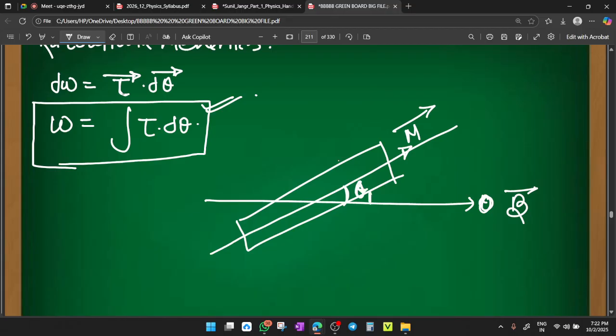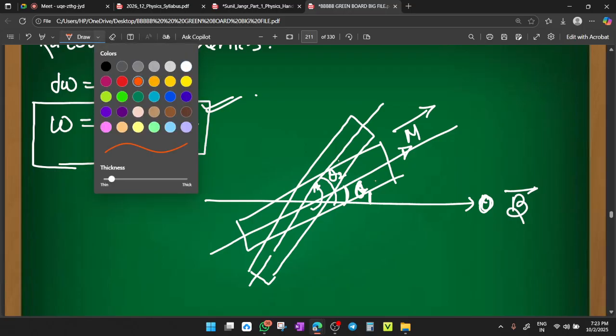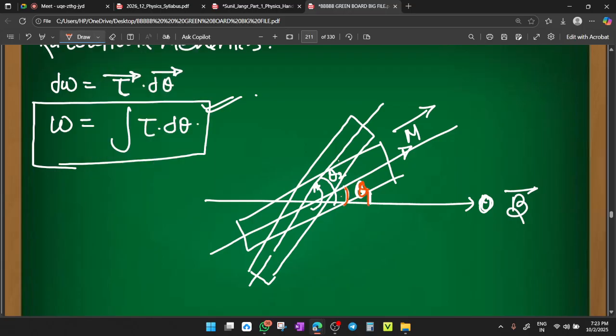And you rotate this dipole and bring it to a new position like this, anti-clockwise. Work in the anti-clockwise direction is taken as positive, and you bring it up to here at angle theta 2. Understood? Initially it makes an angle theta 1, then you have rotated it, and the final angle is theta 2. Clear?